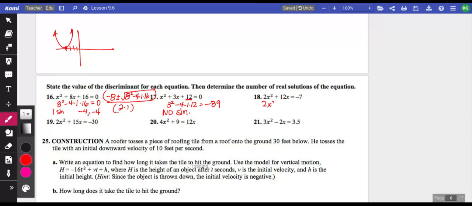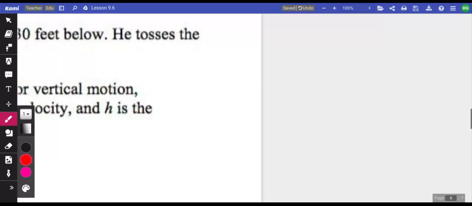This one, the first thing I'm going to do is add 7. So just a quick check, factors of 14 that add up to 12. I think they're going to be decimals.